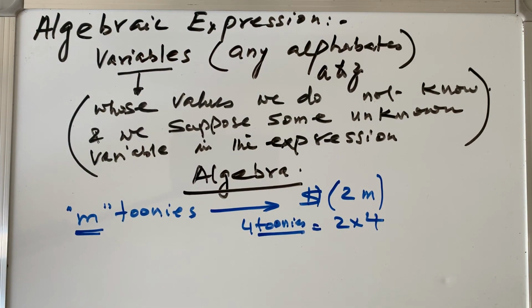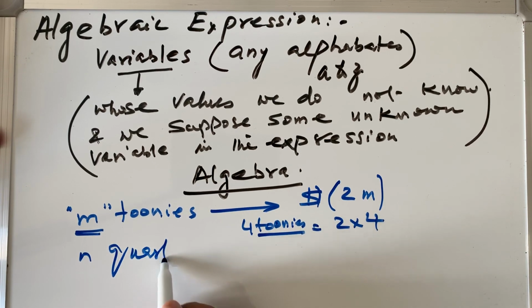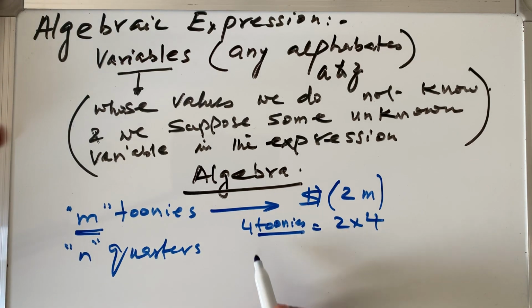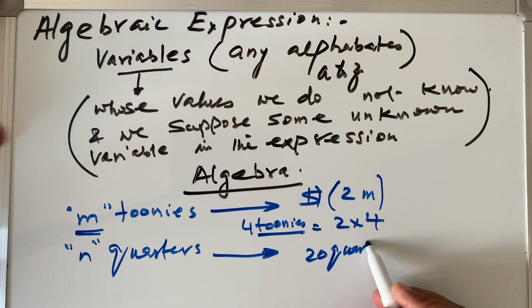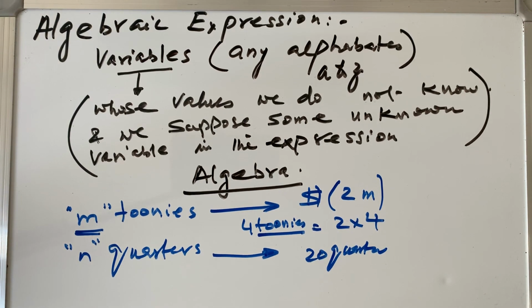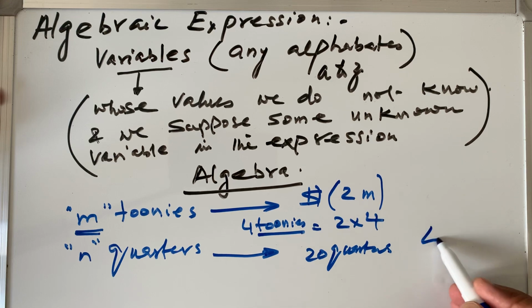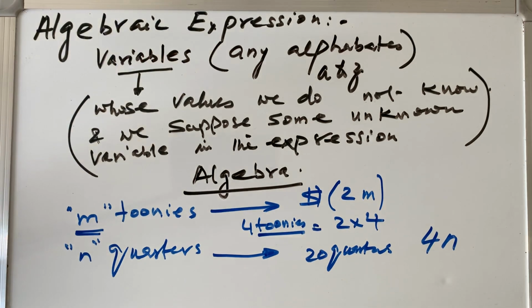Let's learn one more example, n quarters. If I am saying n quarters, I don't know how many quarters I have, but suppose that Alex has 20 quarters, and we want to know how many dollars Alex has. So I have to have an algebraic expression of 4n, because we know that there are 4 quarters in $1.